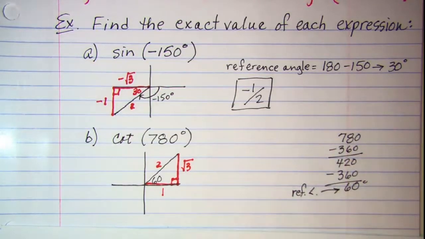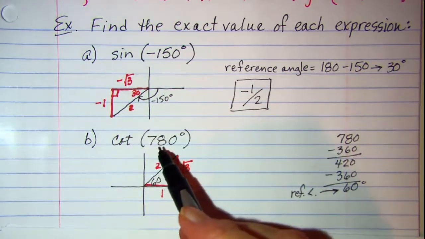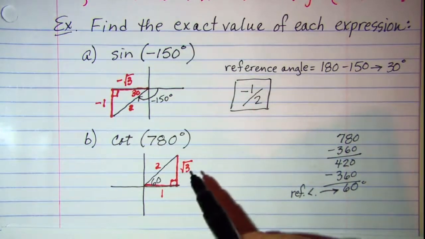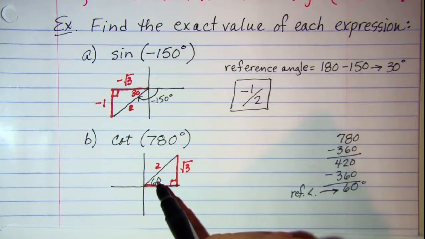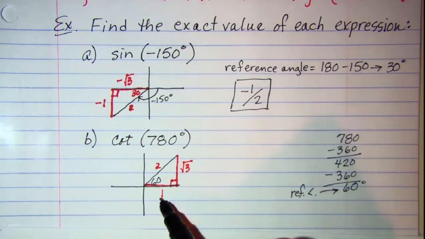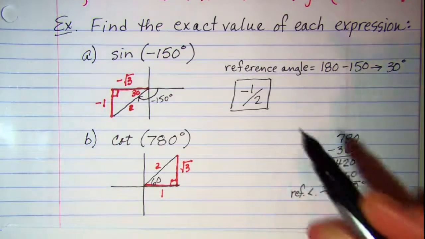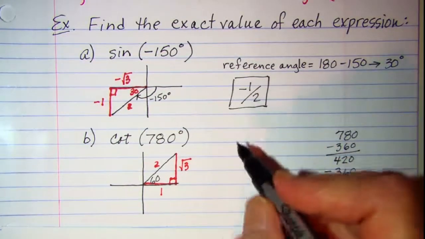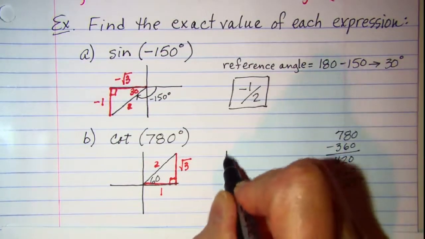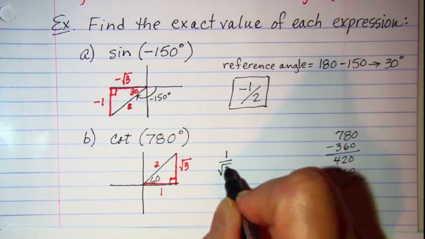Now we know in quadrant 1 both the x and the y coordinates are positive, so I'm ready to find my cotangent ratio. I know that cotangent is the reciprocal of tangent. My tangent of this angle is root 3 over 1. So if I flip that over, find the reciprocal, I have 1 over root 3.